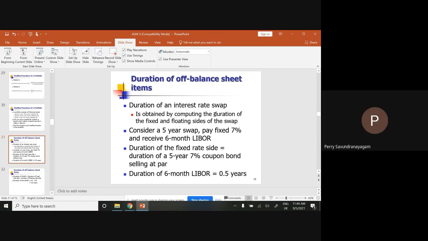You come and tell me, Perry, can I have a fixed rate for 5 years on a swap? I will say, okay, fine, let me quote you the rate. And I come back and quote you 7% for that. How have I got that 7%? From the percent investments or whatever? Not necessarily.